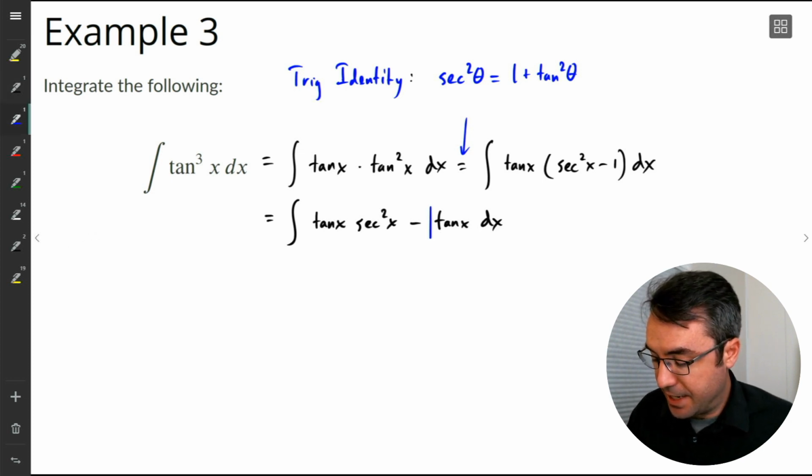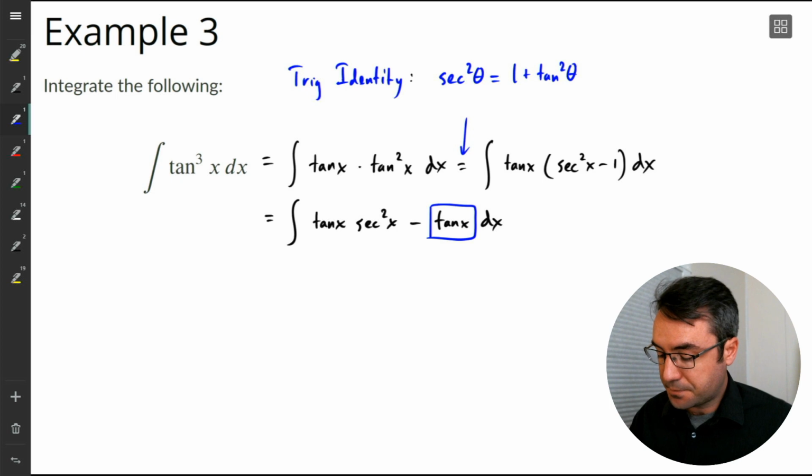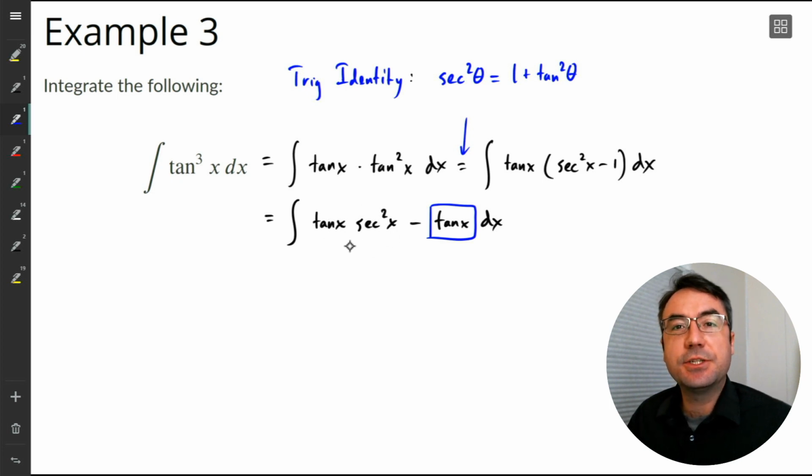So this tangent x, that's one of our useful antiderivatives. We're going to be able to do that. So what about this tangent times secant squared? What can we do there? Well, that's going to take a little bit of work, but we're going to be able to use our usual strategy.